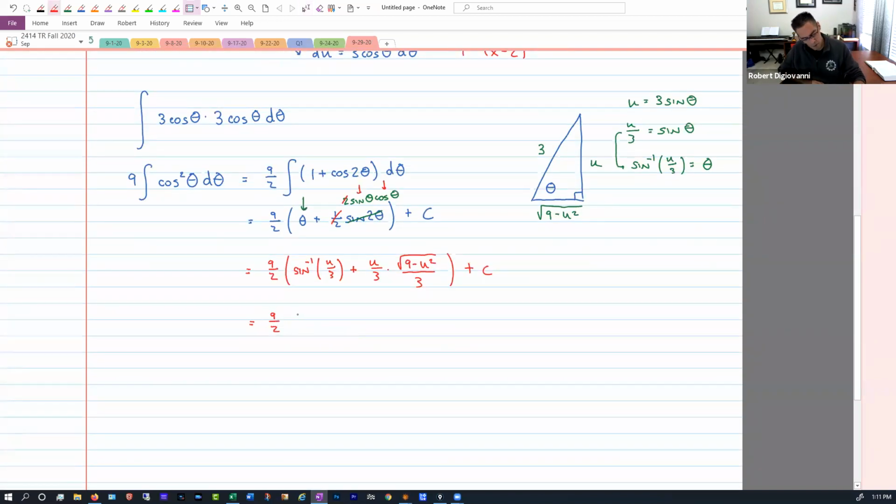So I'm just going to replace all my u's with x minus 2, and we will be there. Put my 3's together, 3 times 3 is 9. There's my u, there's my square root of 9 minus u squared.